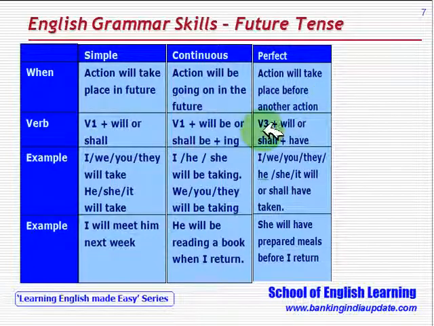Here, third form will be used, plus will or shall and have. Example, I will have taken, we will have taken, you will have taken, they will have taken, he will have taken, she will have taken, it will have taken.